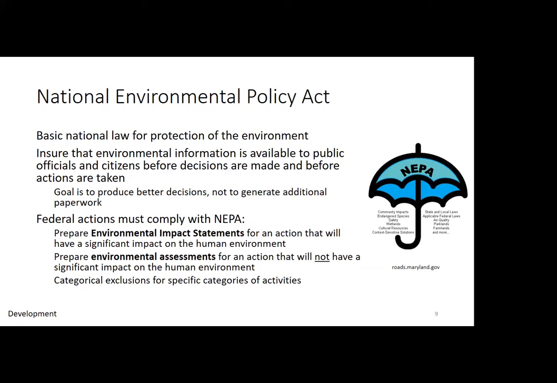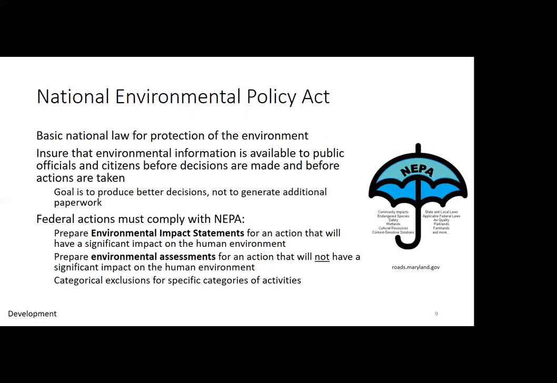Now, to produce these documents, there are some thresholds, and the thresholds will dictate how much detail and how comprehensive these NEPA documents need to be. The most comprehensive NEPA document is called an environmental impact statement, and that's required to be prepared for any federal action that would have a significant impact on the human environment.